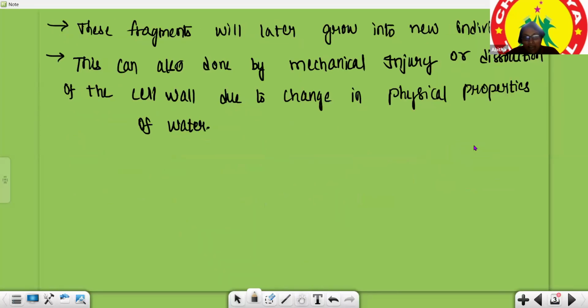These fragments later grow into new individuals. This can also happen by mechanical injury or dissolution of the cell wall due to a change in the physical properties of water. Clear?